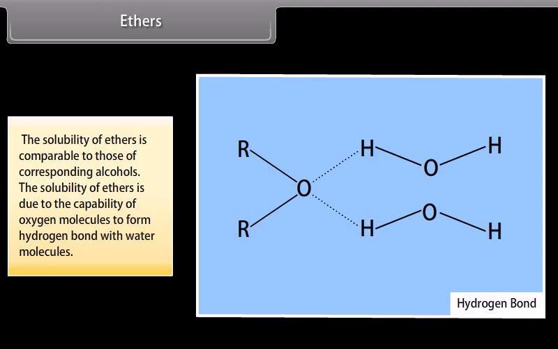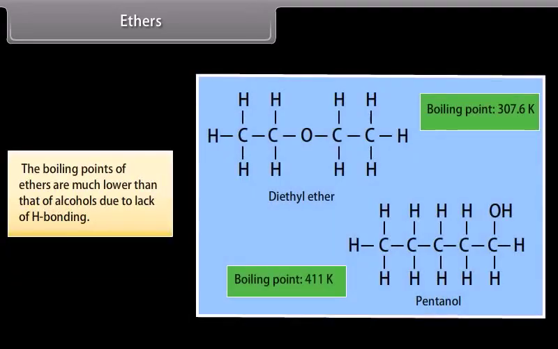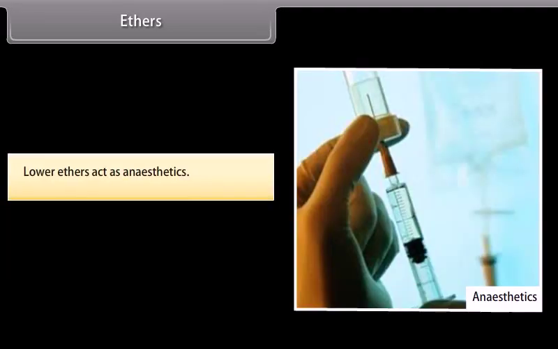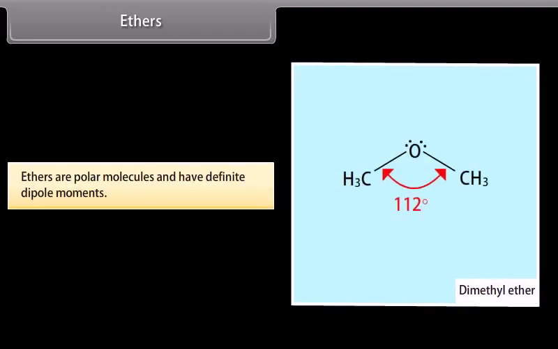The solubility of ethers is due to the capability of oxygen atoms to form hydrogen bonds with water molecules. The boiling points of ethers are much lower than those of alcohols due to lack of hydrogen bonding. Lower ethers act as anesthetics. Ethers are polar molecules and have definite dipole moments.